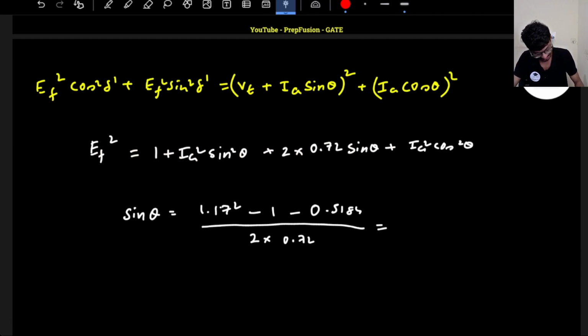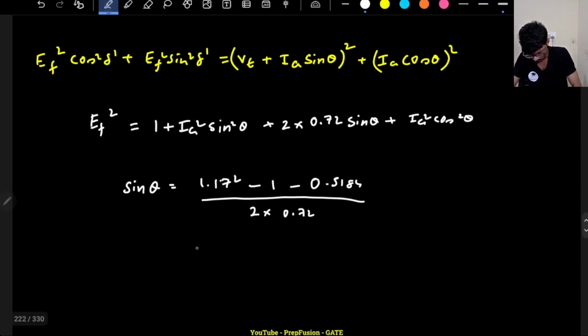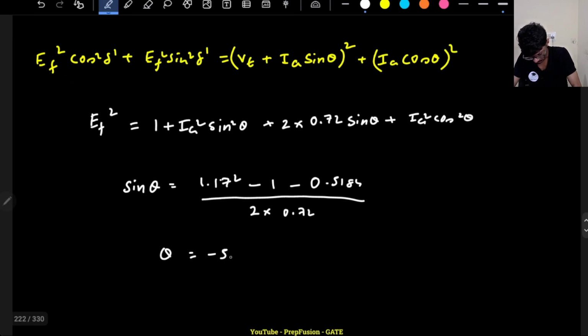So minus 1 minus 0.5184 divided by 2 into 0.72. So theta comes out to be sine inverse of minus 0.103, which is about minus 5.9 degrees.